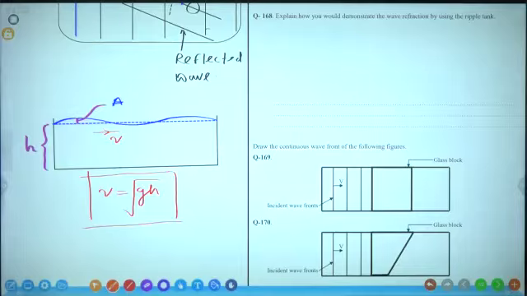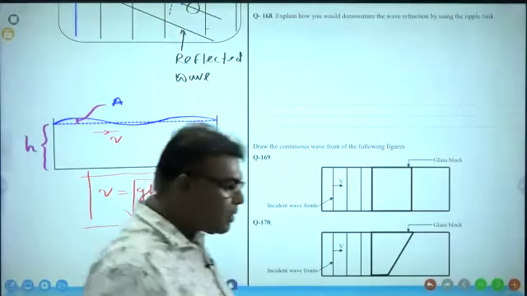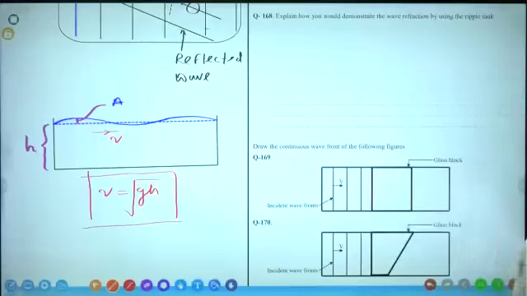Write down the speed of the transverse waves on the water surface. Can you copy the equation and the diagram first?